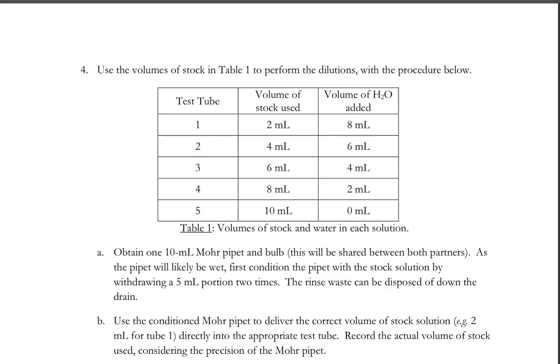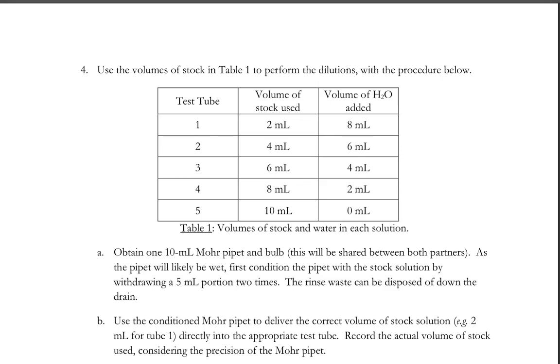Test tube 3, 6 mLs stock solution, 4 mLs of water. Test tube 4, 8 mLs of stock solution and 2 mLs of water. And then in test tube 5, that's just straight stock solution. So its concentration is whatever the concentration is that is on the bottle of stock solution.